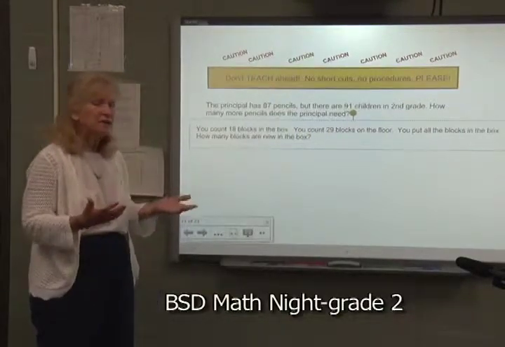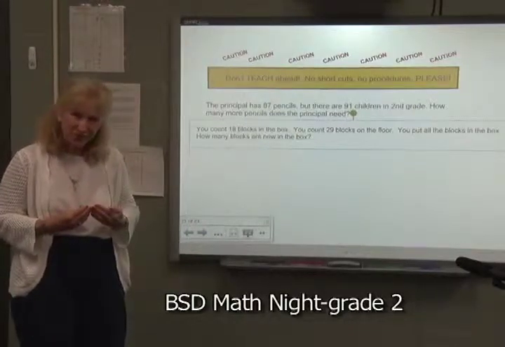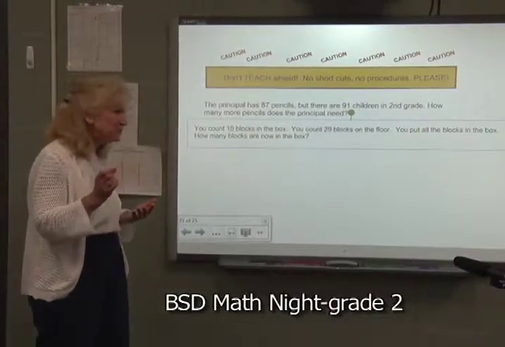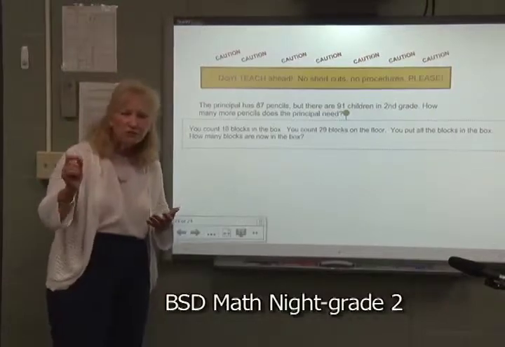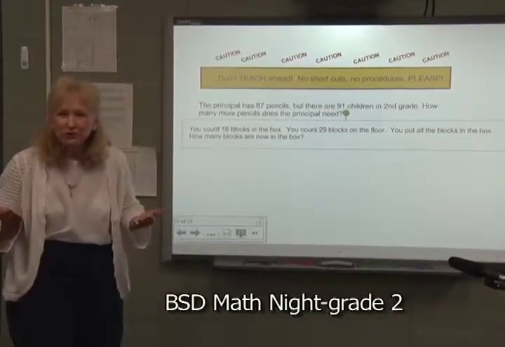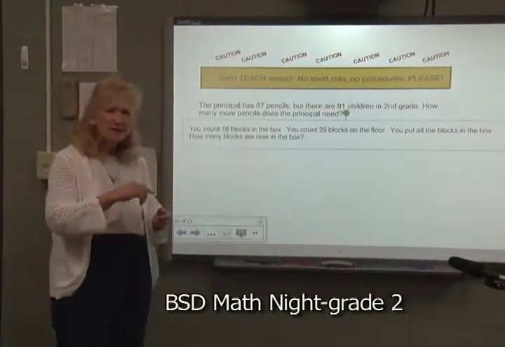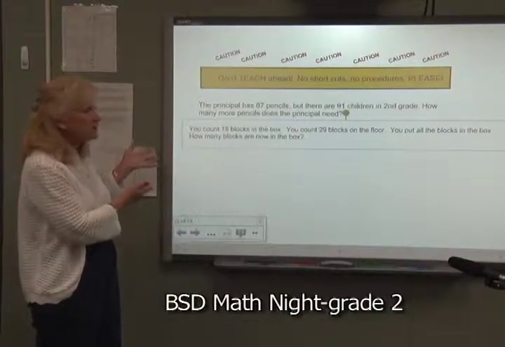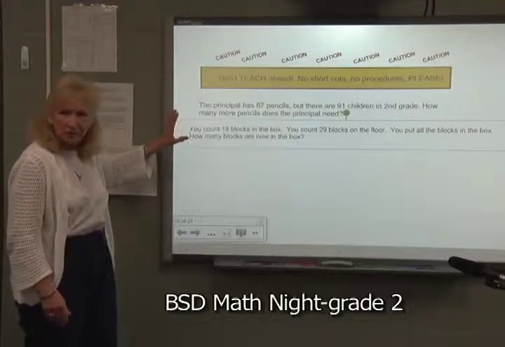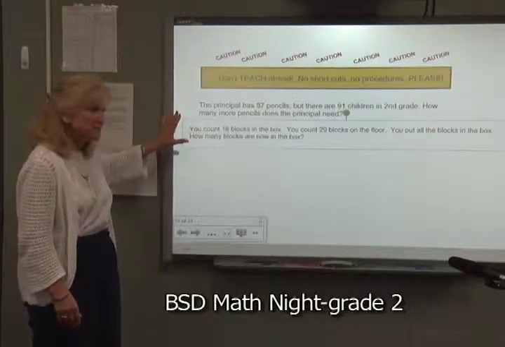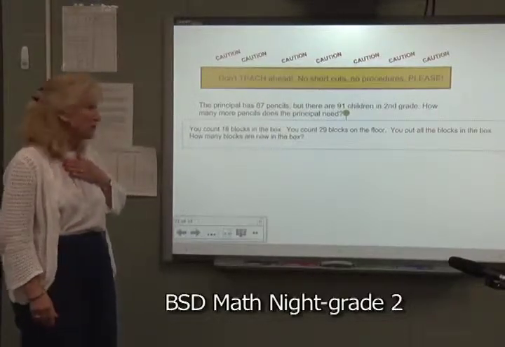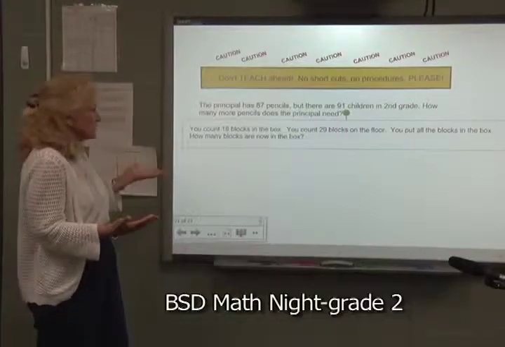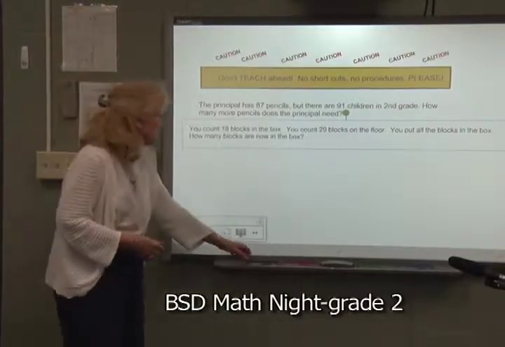The understanding is that we need to find a total. Those key words that we used to teach, look for in all, look for total, look for together, that means to add. Where's that word here? The understanding of what the problem is about, the concept, that is how we know to add these. So how does a second grader add these numbers?